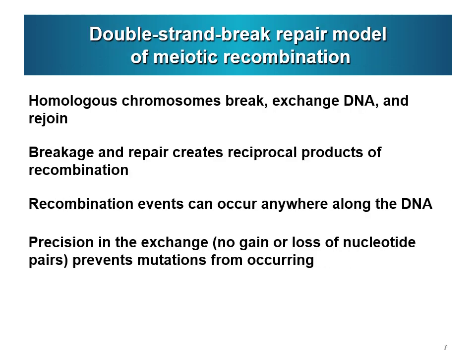Here are the points for meiotic recombination, the double-strand break repair model. Homologous chromosomes break, exchange DNA, and rejoin. Breakage and repair create reciprocal products of recombination, and recombination events can occur anywhere along the DNA.